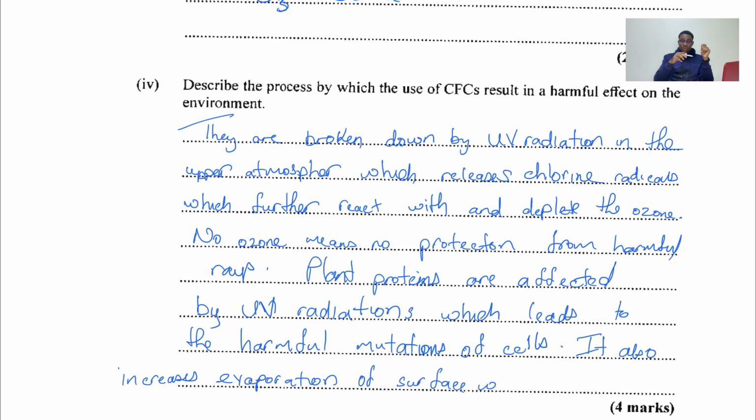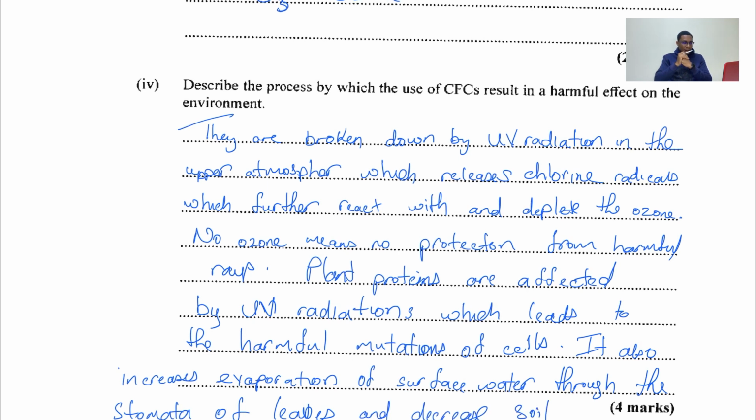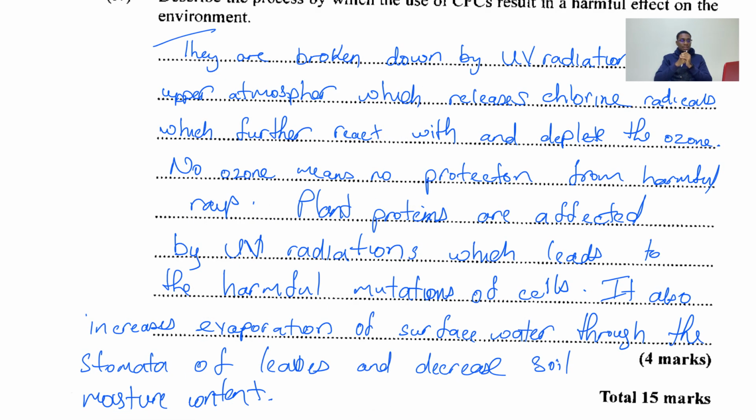If too much sunlight is hitting the chloroplast, sometimes the chloroplast will be seen moving to another side of the cell so as to protect it from damage. It also increases evaporation of surface water through the stomata of the leaves and decreases the moisture content of the soil.